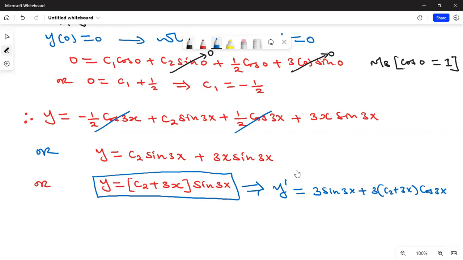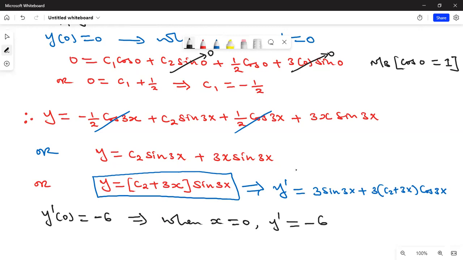So we need to apply this other condition. Y prime of 0 is equal to -6. So what does it mean here? That when x is 0, y prime, not y, should be equal to -6.